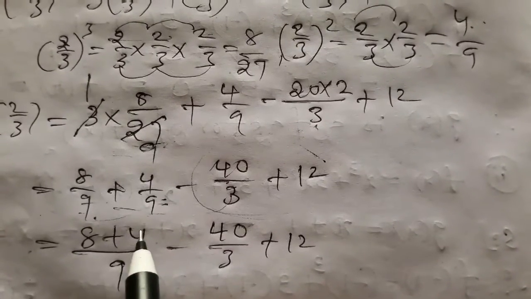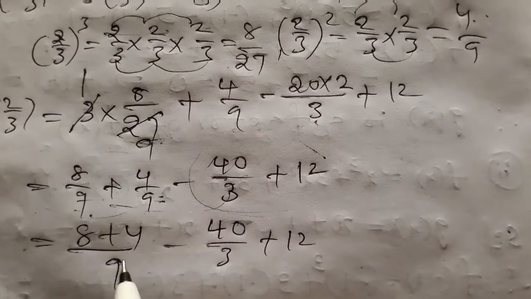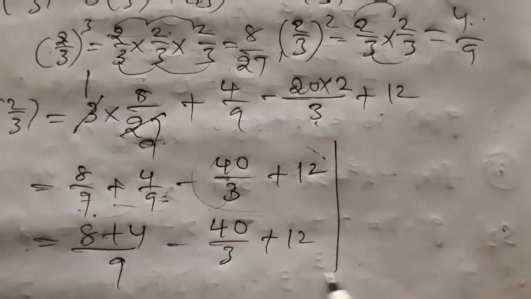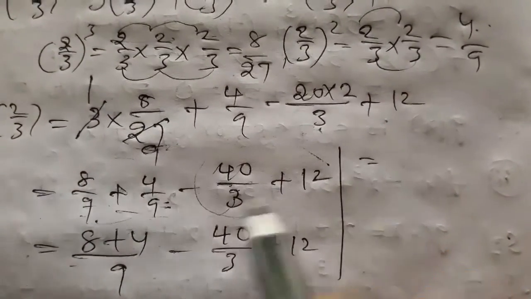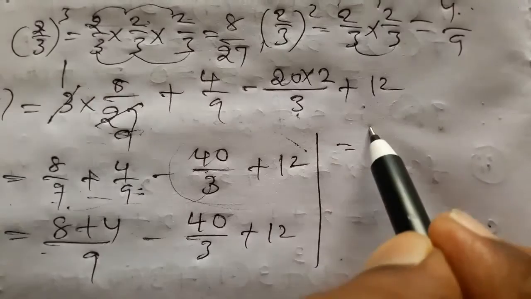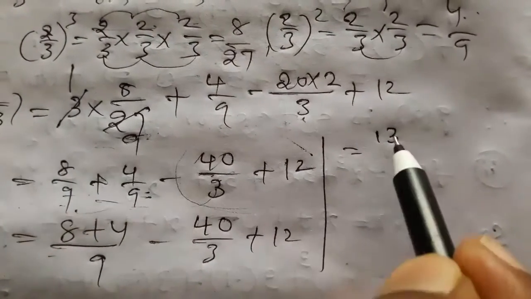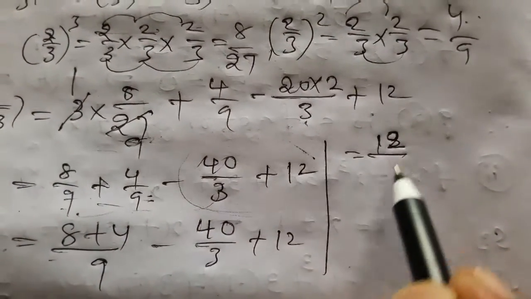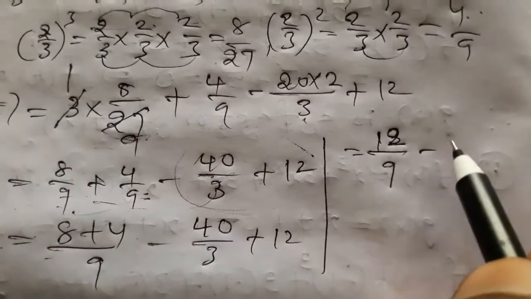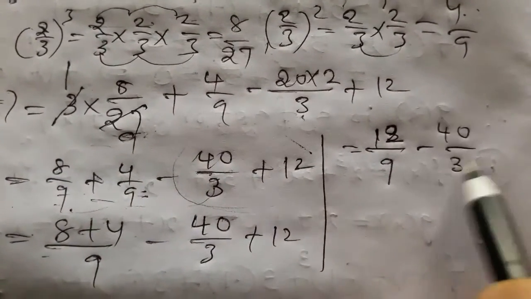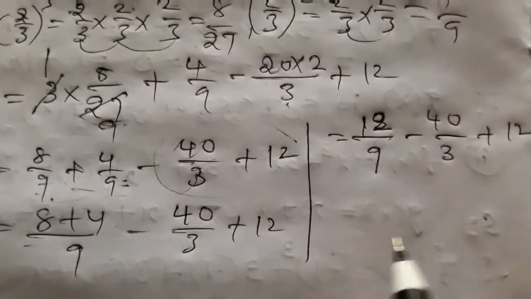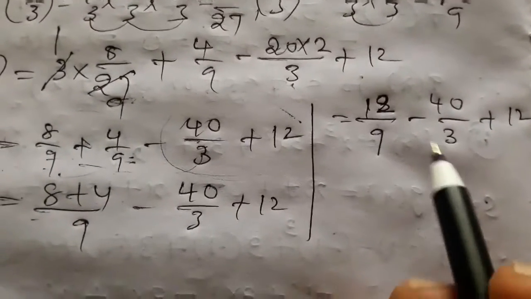Now this becomes 8 plus 4, how much? 12. So 8 plus 4 means 12 by 9 minus 40 by 3 plus 12, isn't it?